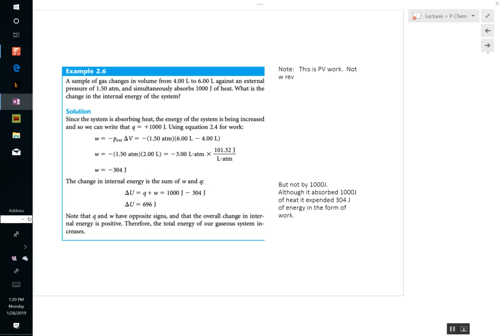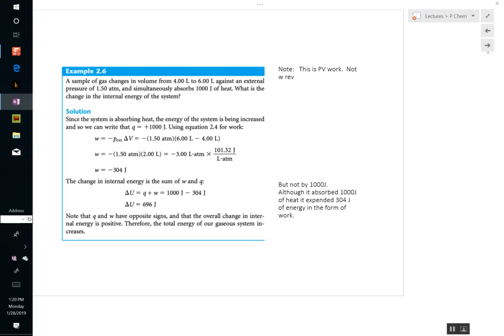Why are we trying to find the change in the internal energy when we're using the external pressure? Because the pressure of the external is 1.5, but we're trying to find the change in the internal energy. We're looking at how much pressure is being pushed on the system, and the system has to overcome that pressure to expand. That's what it's pushing against.